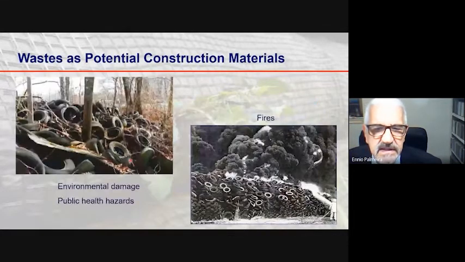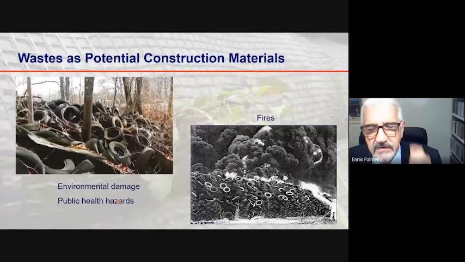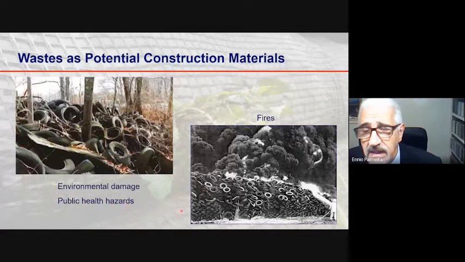For instance, these are examples of environmental impacts. They cause environmental damage and also allow the presence of organisms or animals that may pose public health hazards. And if a pile of wasted tires catches fire, it's a very difficult fire to extinguish, and the pollution to the atmosphere is clear here.